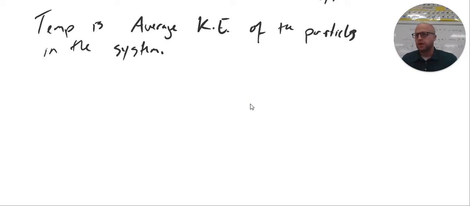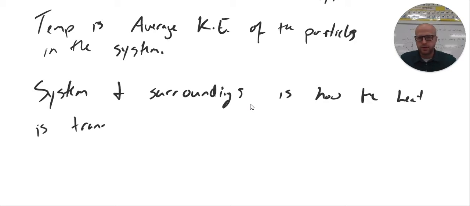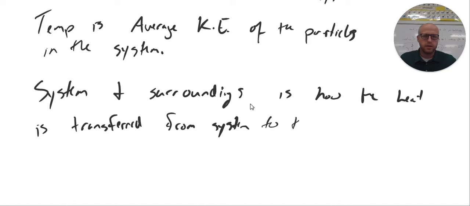All right, the two big things we want to look at when we're looking at thermodynamics are a system and a surroundings. What we're looking at with thermochemistry is how the heat is transferred from the system to the surroundings and vice versa.